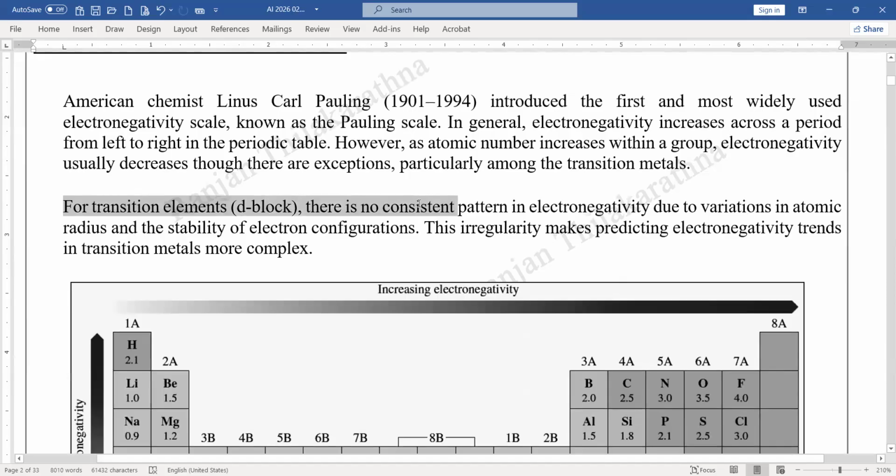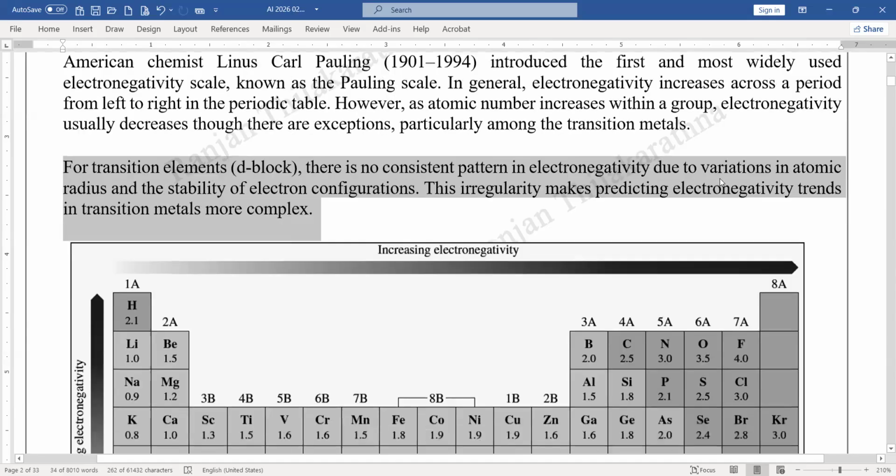There is no consistent pattern in the electronegativity due to the variation in the atomic radii and the stability of the electron configurations. This irregularity makes predicting the electronegativity trends in the transition metals more complex. We cannot set a general rule for the variation of the electronegativities in the D block.